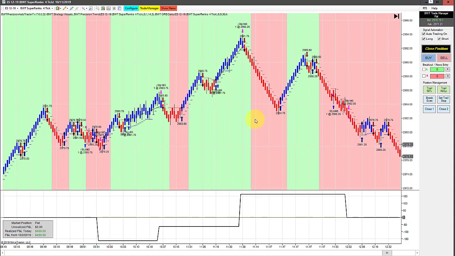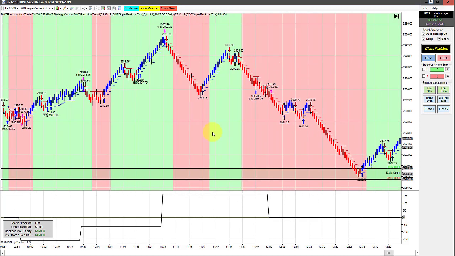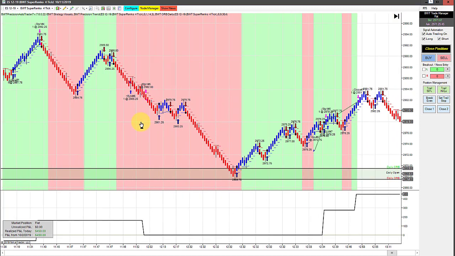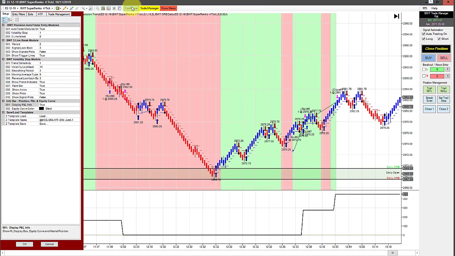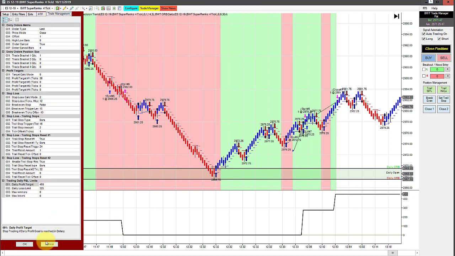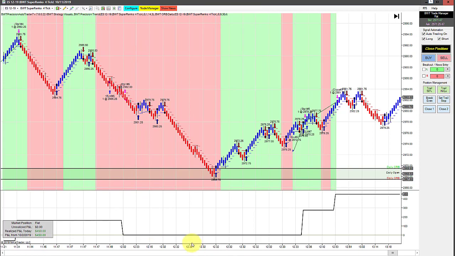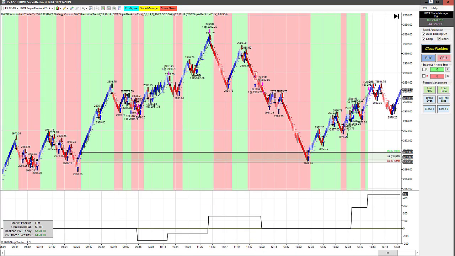Remember, all the charts I'm showing today are 100% automated, no human interaction. And so this came back to 150, and then there was another losing trade there, and then it recovered with 2 winners in a row and came up and hit its goal of 450 and had no slippage. So this is the second best performing chart.